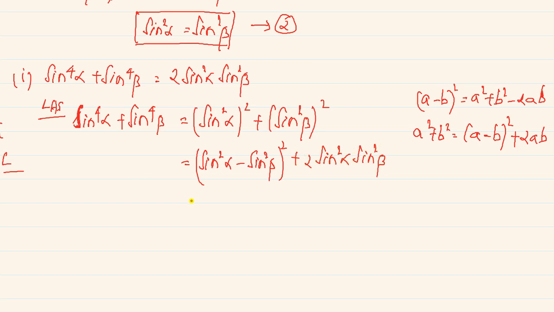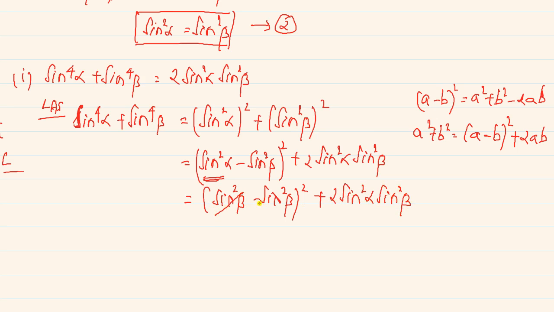Okay, so we know that based on equation 2, sin square alpha is equal to sin square beta. So we can replace sin square alpha by sin square beta. So it will become sin square beta minus sin square beta the whole square plus 2 sin square alpha sin square beta.